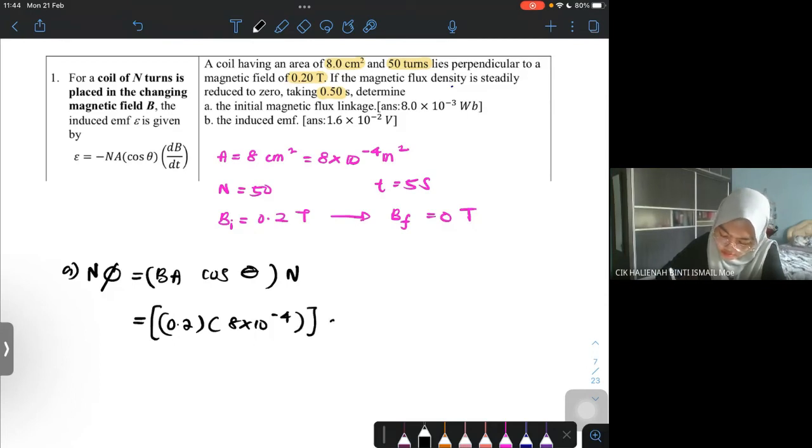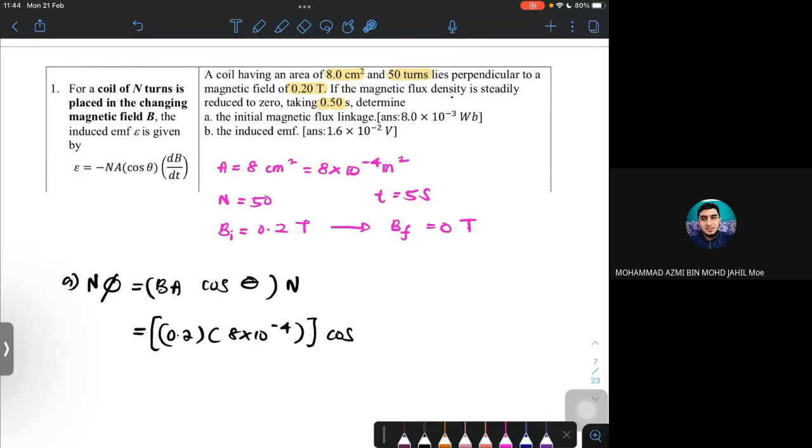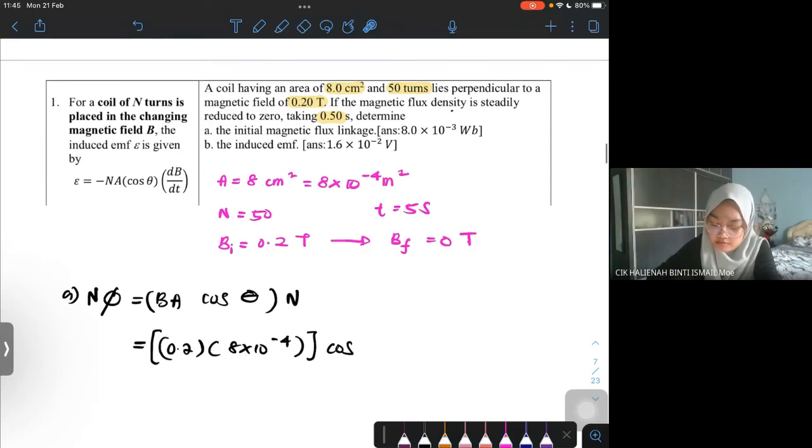And then cos, okay, what is the angle here? It's not 90. It says a coil lies perpendicular to the magnetic field.